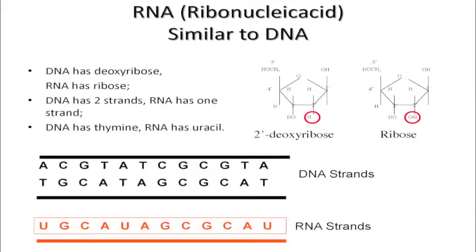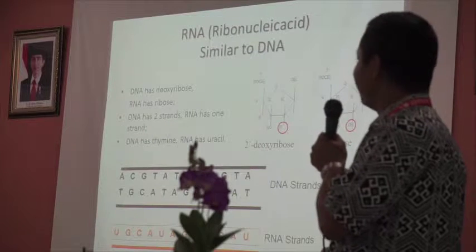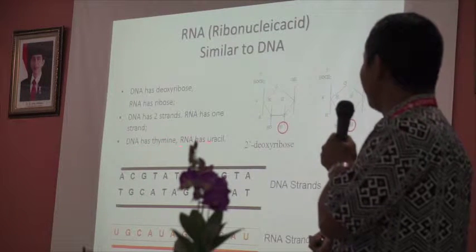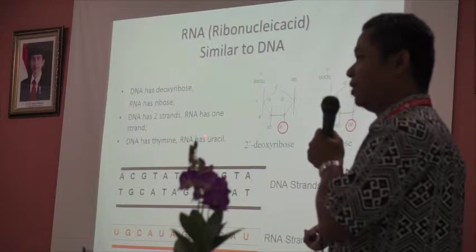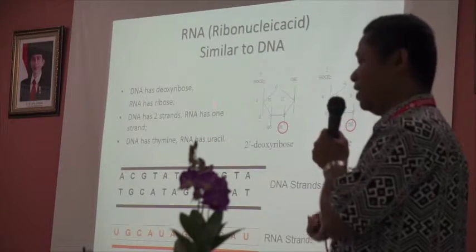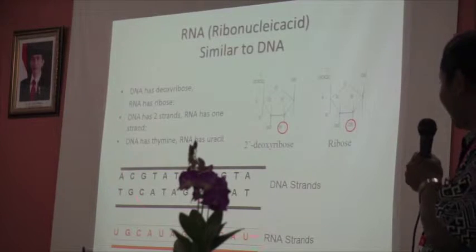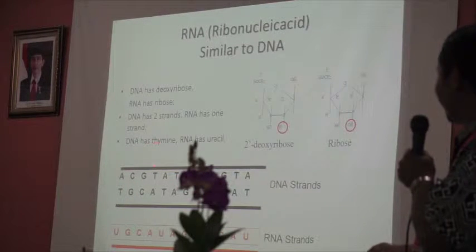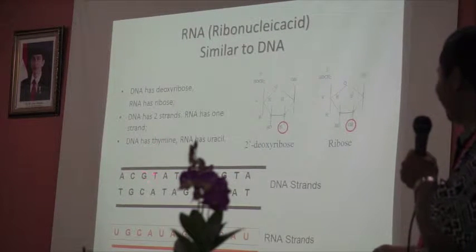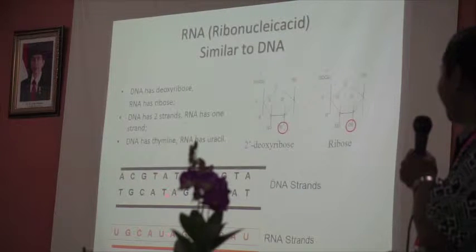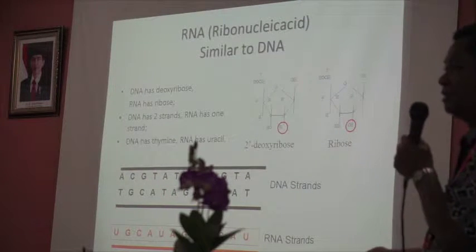DNA usually has two strands, but RNA has one. DNA has thymine, RNA has uracil. This is a little bit of what DNA and RNA are. The other parts are similar except thymine, and in the RNA it becomes uracil.